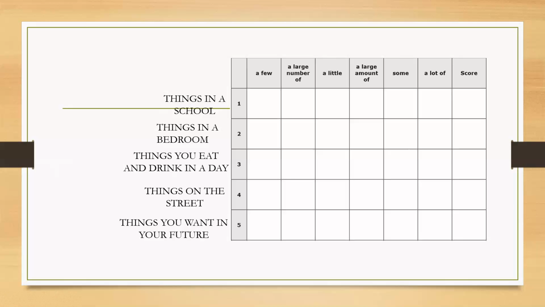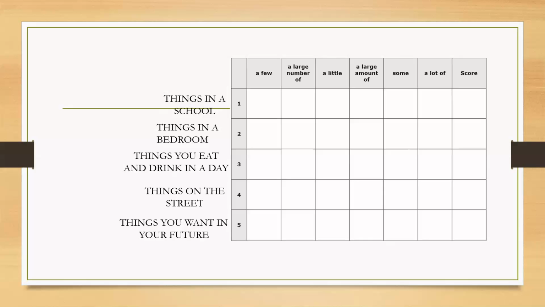Yes, I found. In our school, we have a large amount of knowledge. Yes, why not? As for some, we have some books, we have some chairs in our school. We can say the same for a lot of. We have a lot of desks in our school.